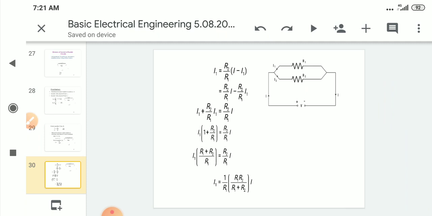But according to the previous, instead of this I2, we write I2 as I minus I1. Simplify the equation. Take the terms in an appropriate order, then I1 into R1 plus R2 by R1 is equal to, finally we get this equation.